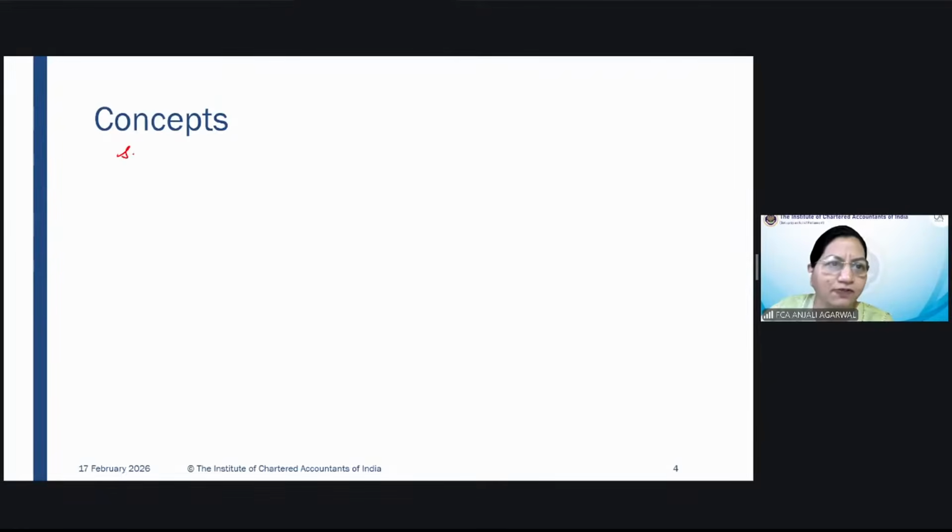Now, what is the scheme of journal entries in non-integrated cost accounting system? But before that, I'll speak about one concept. Scheme of journal entries is what? The material is purchased first.